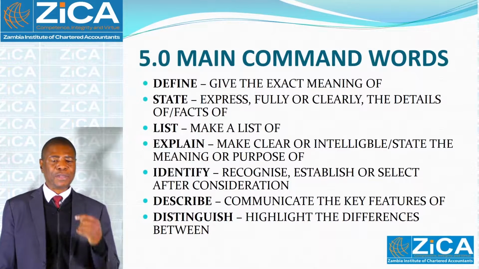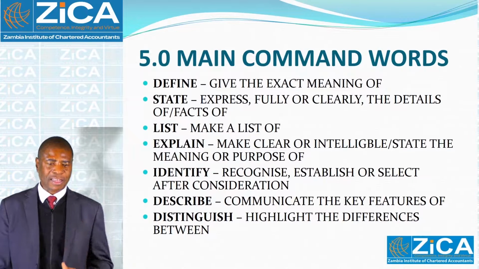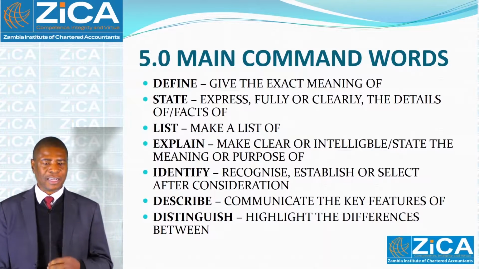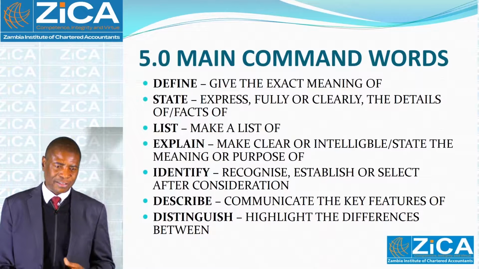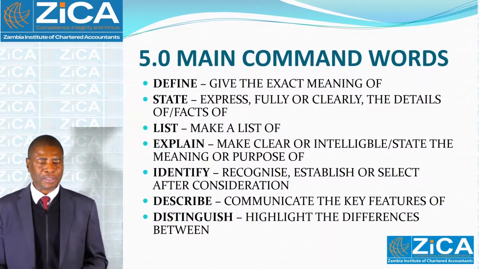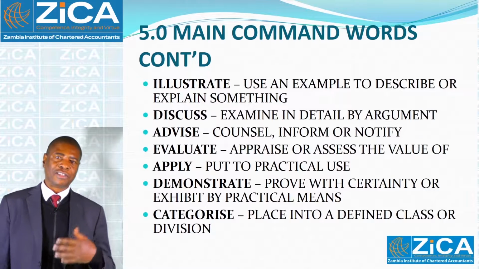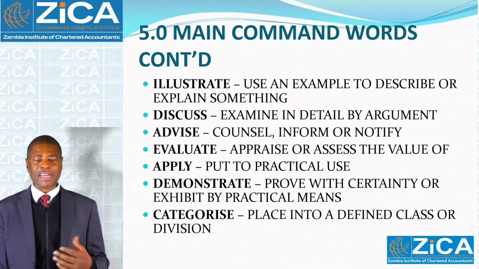So explain simply means make clear. So it's important that in auditing, your CA 2.3, you make things clear so that the markers can understand what you're talking about. There will be other command words like define, state, identify, describe, distinguish, illustrate, discuss, advise, evaluate.